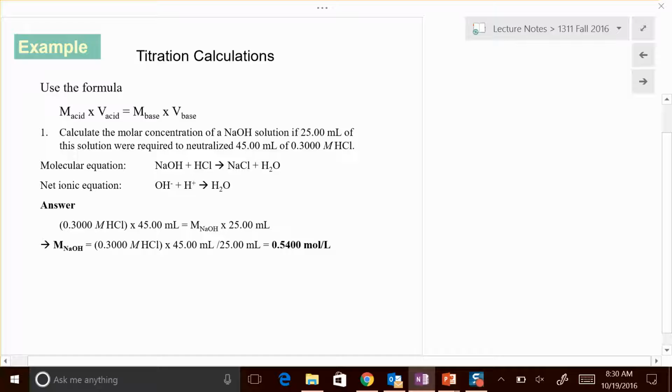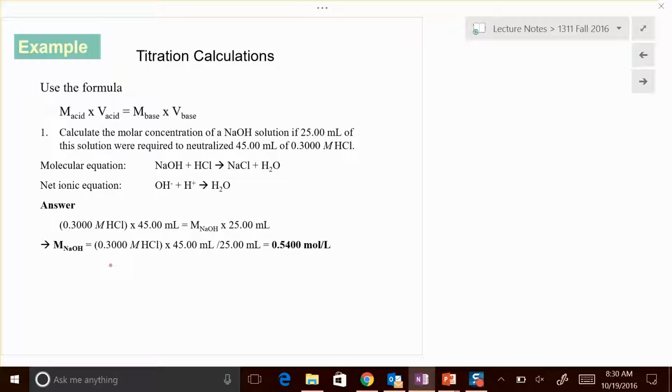Calculate the molar concentration of sodium hydroxide solution if 25 milliliters of the solution were required to neutralize this amount. We would set that up almost in the same way. You can see that there's not a whole lot to this. Usually we're trying to find either MA or VA.